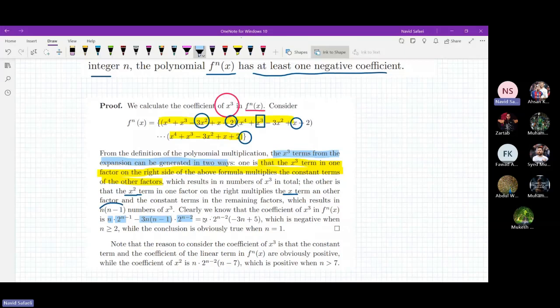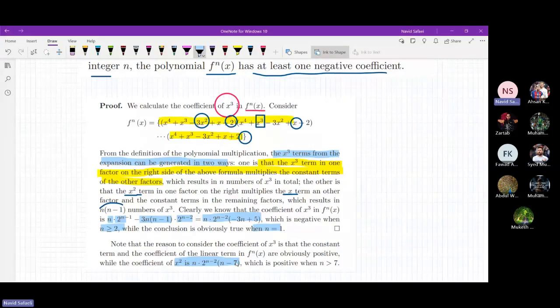And this can be written in this form. So of course, for all n greater than or equal to 2, it is negative. And for n equals 1, everything is clear. We can also see that the coefficient of x^2 is also this. So this cannot work.